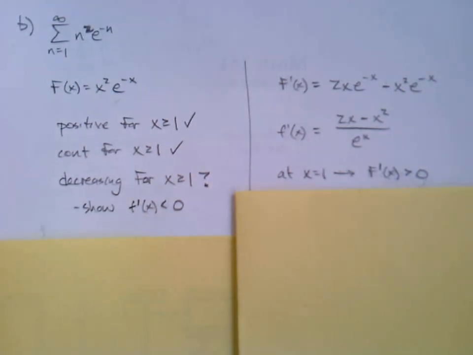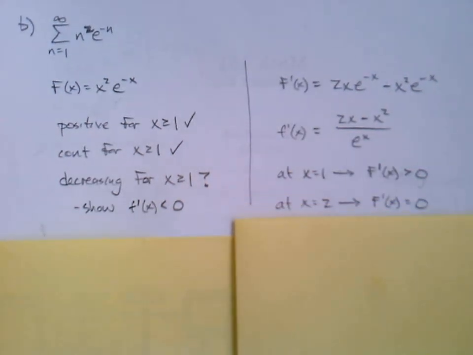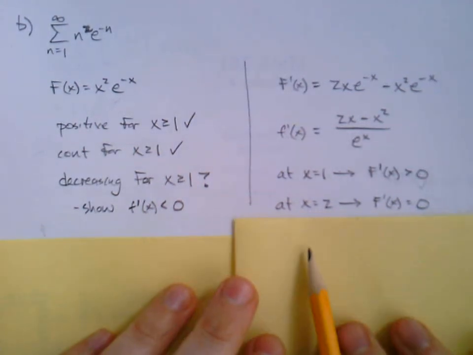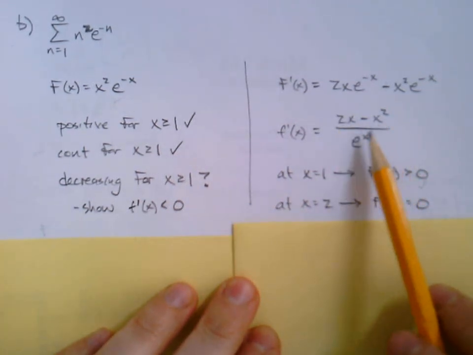It turns out we can still answer this series with the integral test. Let's keep going. Let's move on to x equals 2. I'll show you why kind of as this unfolds. Just go with me for now. Hey, at x equals 2, what's happening with the derivative? Hey, at 2, well, our numerator is 0.